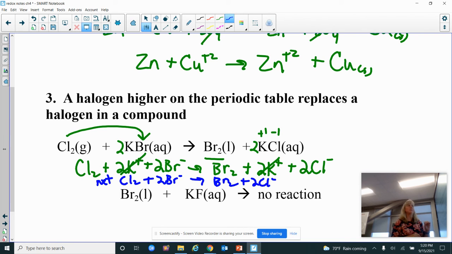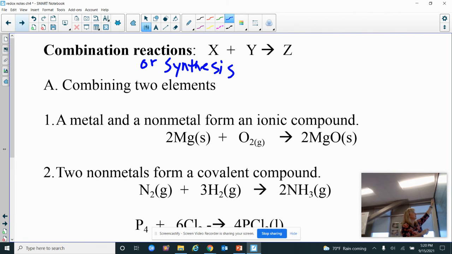So that's single replacement. Yesterday we did double replacement. And then just review, there's combination or synthesis, where 2 elements are making a compound.